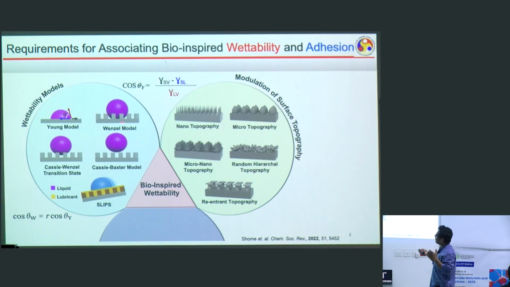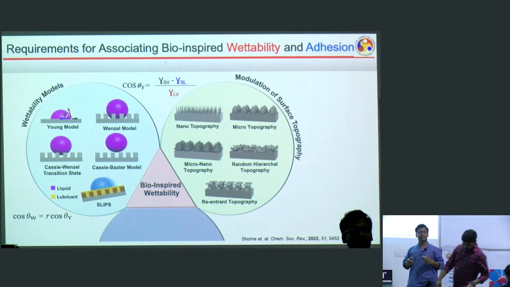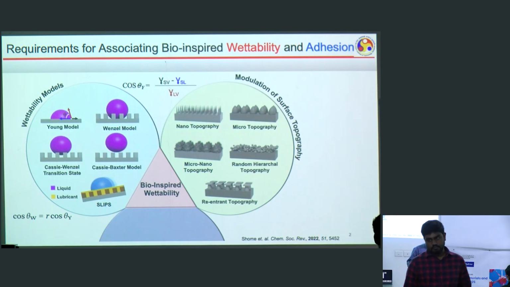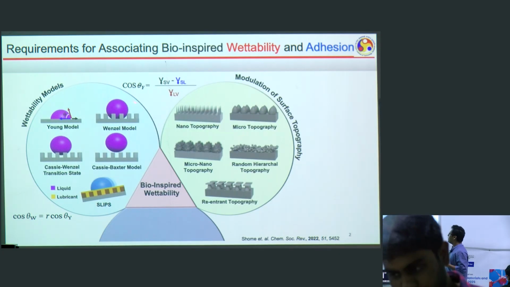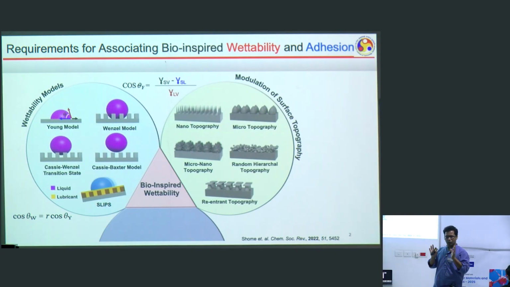That is the kind of situation that happened here. You have a rough interface and you're putting this liquid. What happened? The projected surface area and actual surface area are different, right? Because of that, you see this anomaly, though it's not really an anomaly, it's just the roughness factor you need to include, and then it worked quite well. These two situations, the Young model and Wenzel model I just explained, represent the homogeneous liquid wettability state.